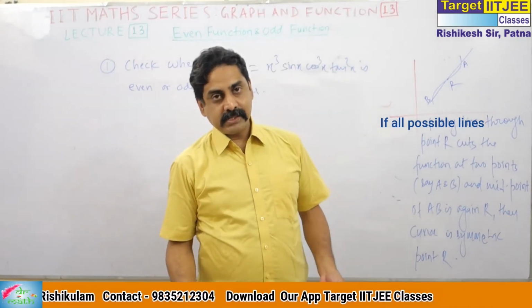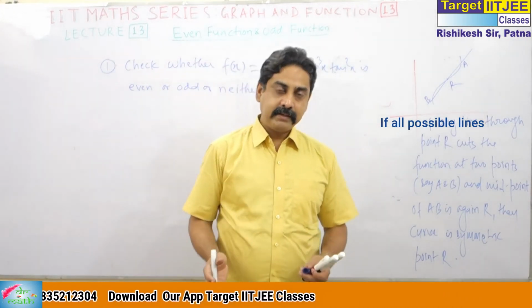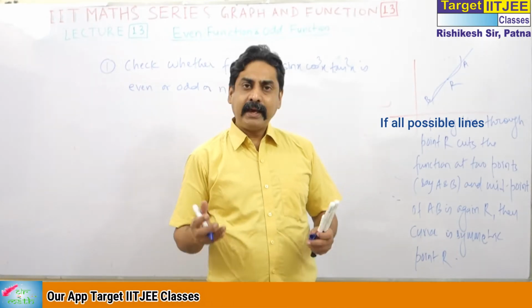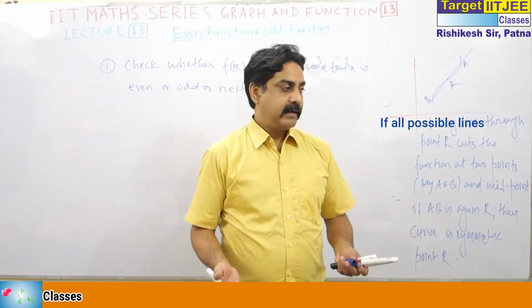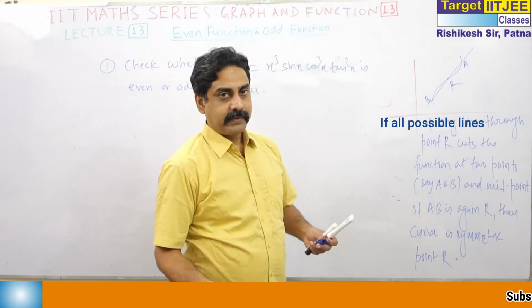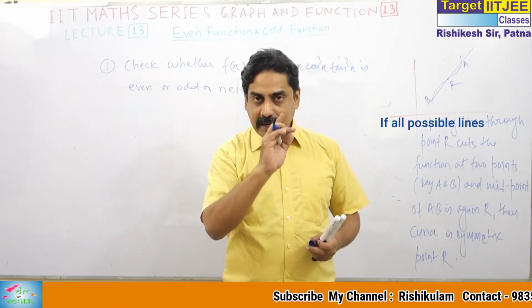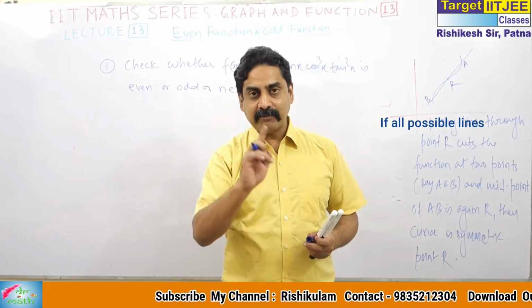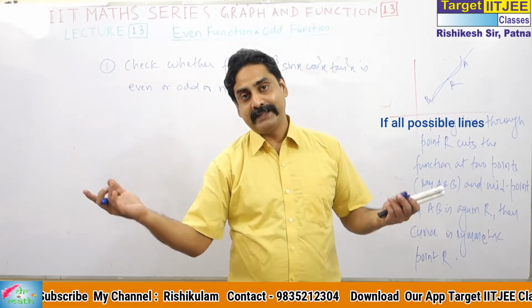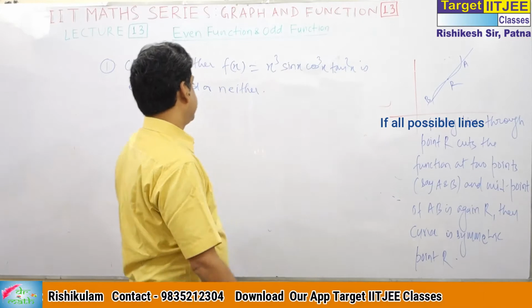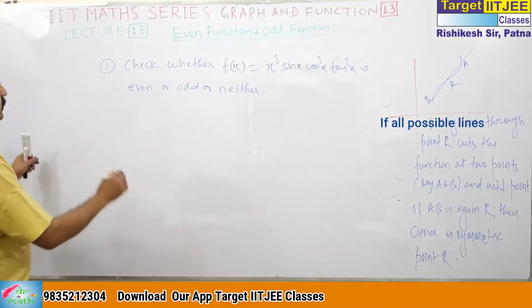There are some functions which are even, some which are odd, and some that do not follow either f(-x) equals f(x) or f(-x) equals minus f(x). They are neither. So how do we do this solution?